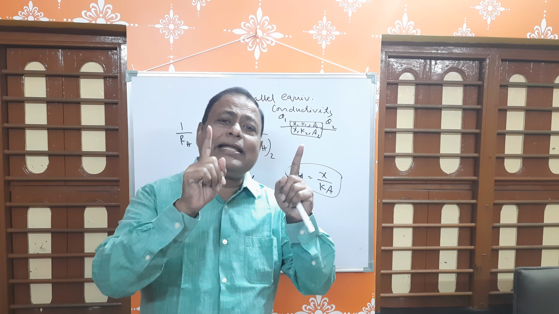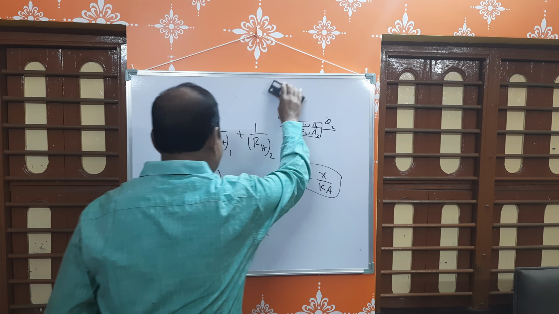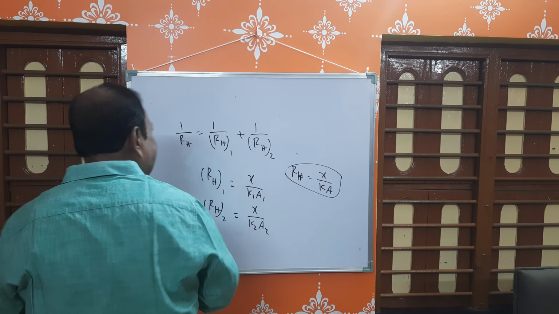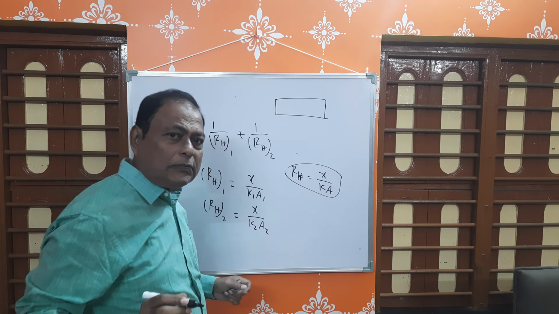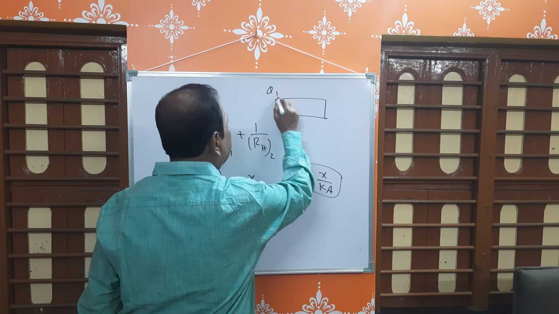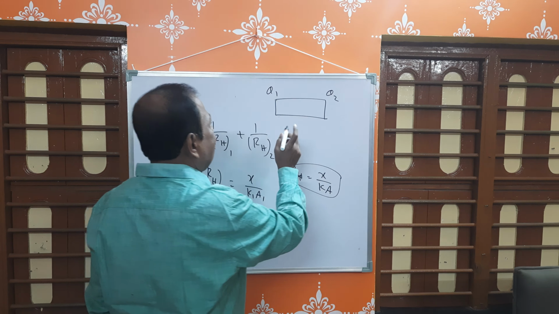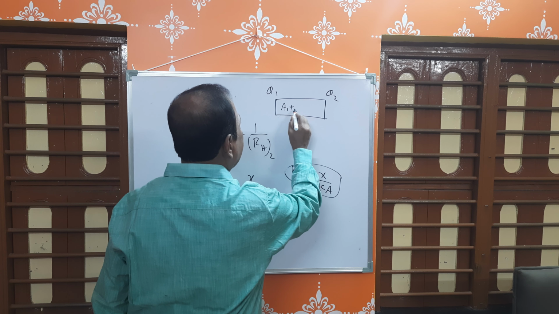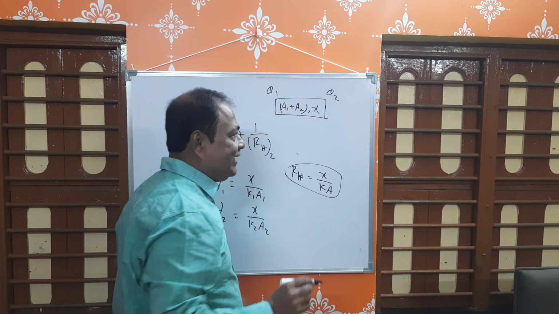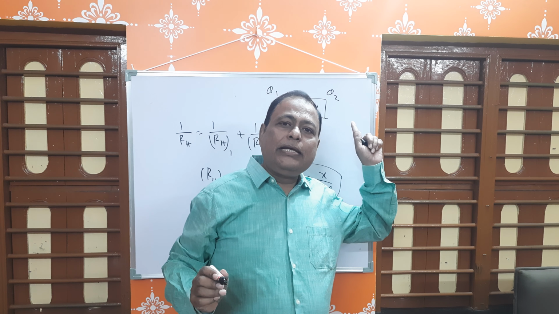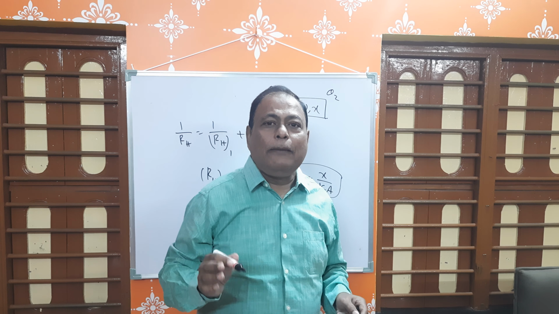Now I can consider a single rod. So the single rod looks like this. The temperature difference should be the same, theta 1 and theta 2. And the area of cross section is A1 plus A2. Thickness is X. Then the conductivity of this single rod is called K equivalent, that is, the equivalent conductivity of the parallel combination.